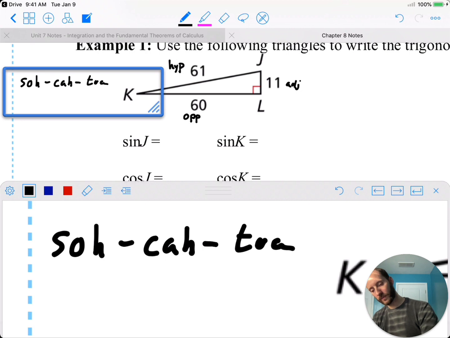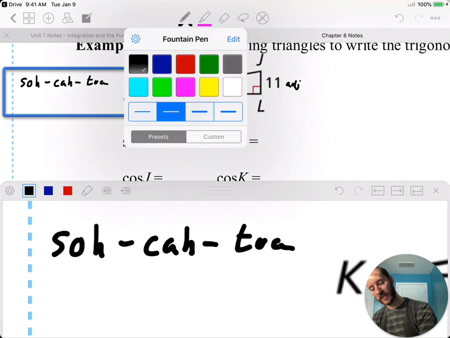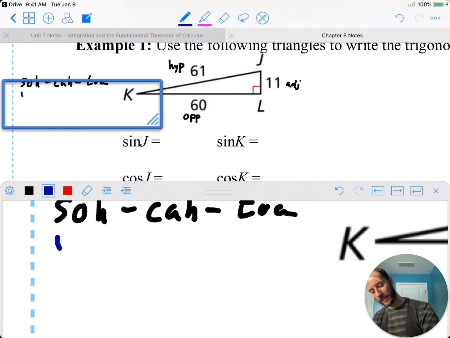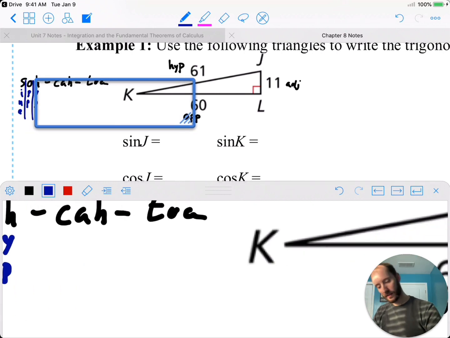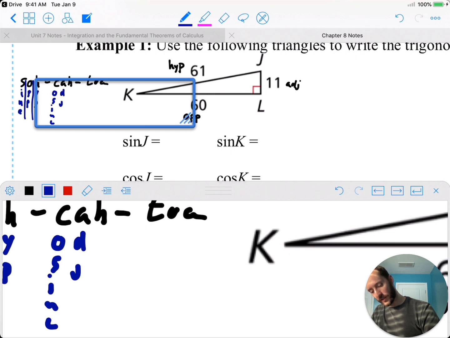SOHCAHTOA. What this means is that sine is the opposite over the hypotenuse. You can look at those three vertically. Cosine is the adjacent over the hypotenuse.